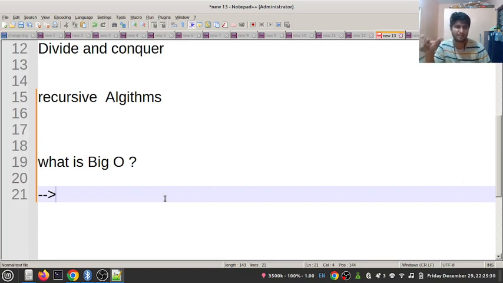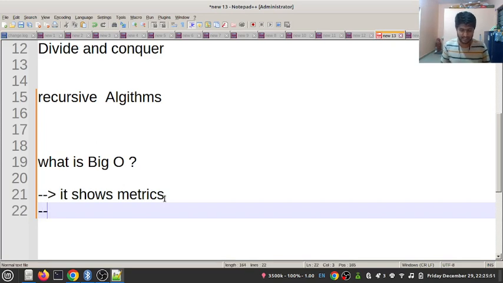Big O is a language, and it shows the metrics. The second thing is that it tells how efficient the algorithm is. These are the two things it talks about.